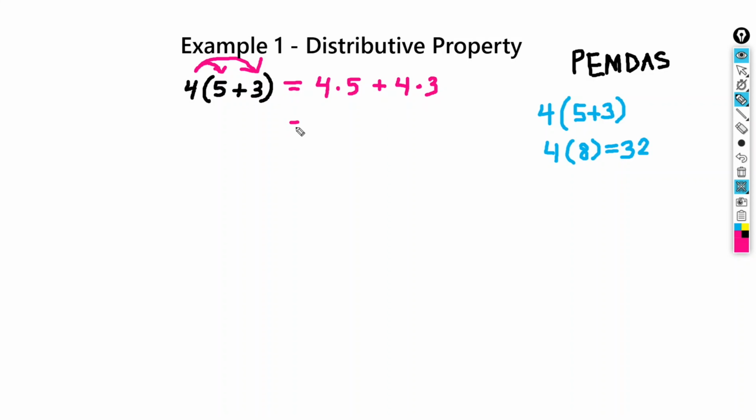Okay, so 4 times 5 is 20. And 4 times 3 is 12. And 20 plus 12 is 32. So you see whether we do it the PEMDAS method or the distributive property method, we're going to get the same result. Okay, let's take a look at a few more examples.